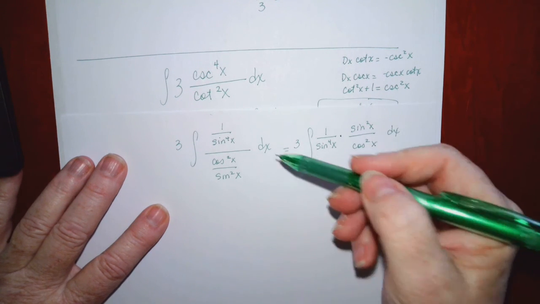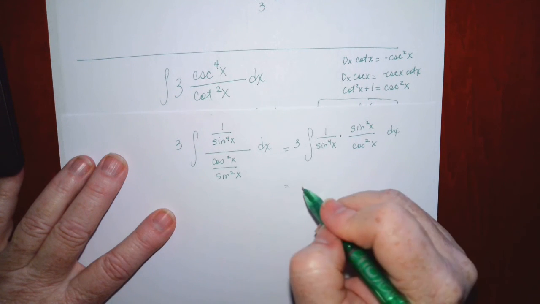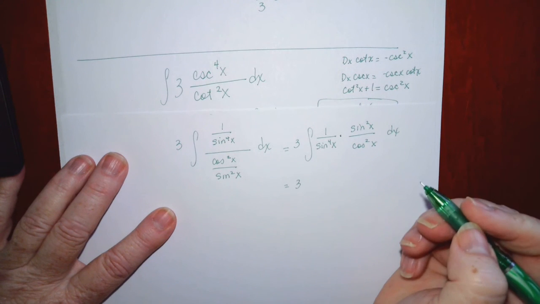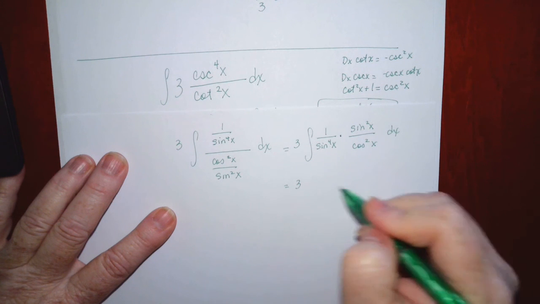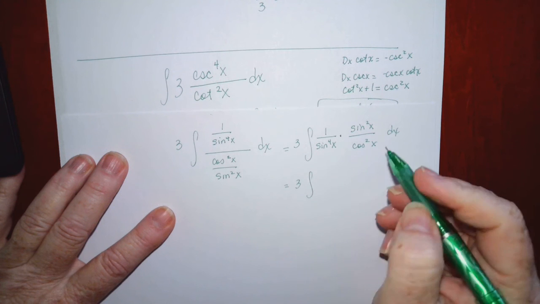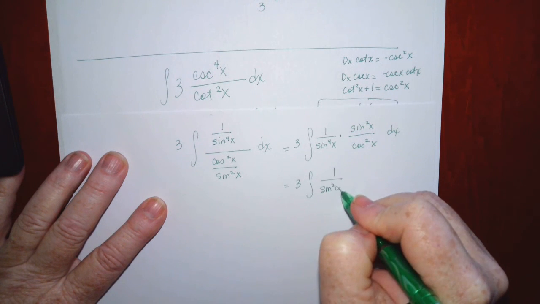I just flipped the bottom fraction to multiply. So that would be what? This one would be 1 over sine squared cosine squared.